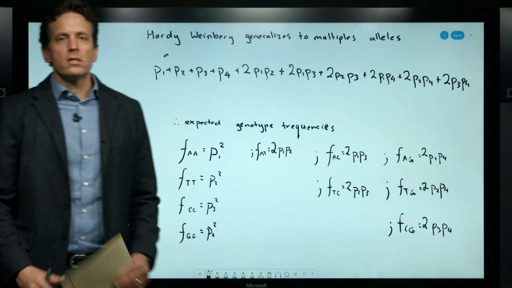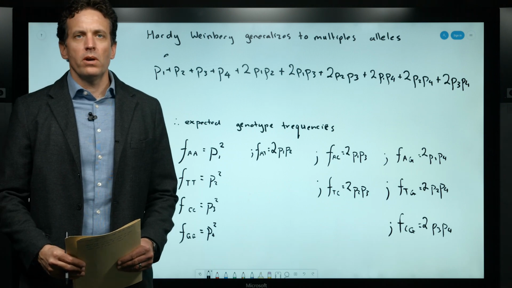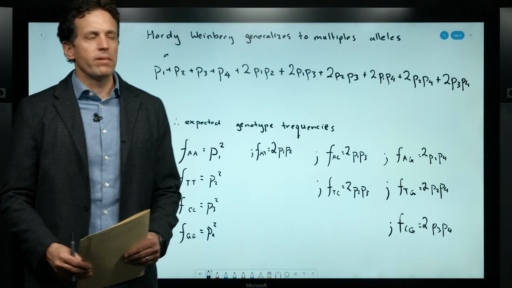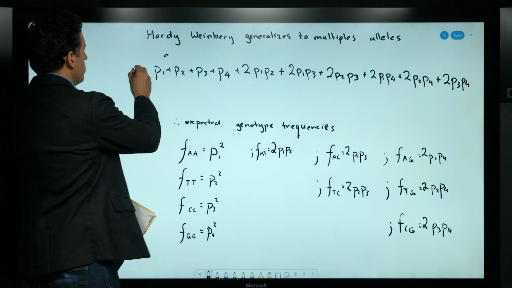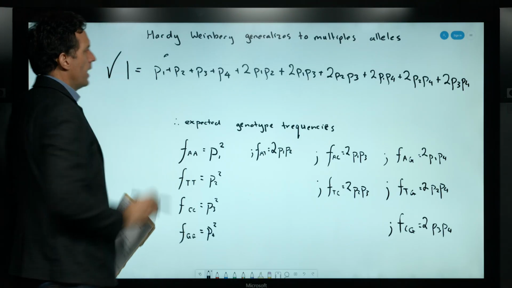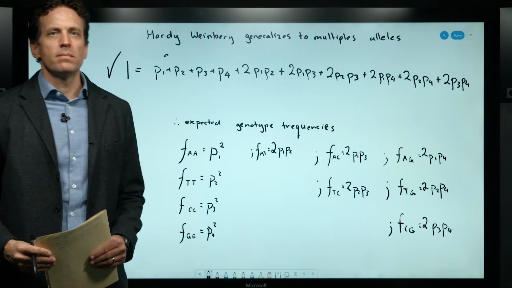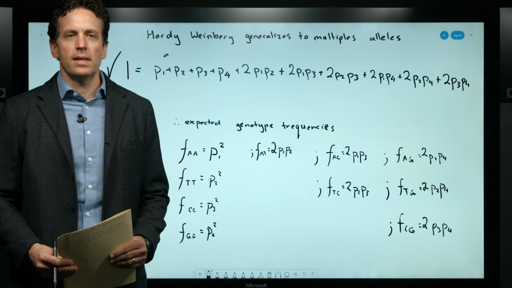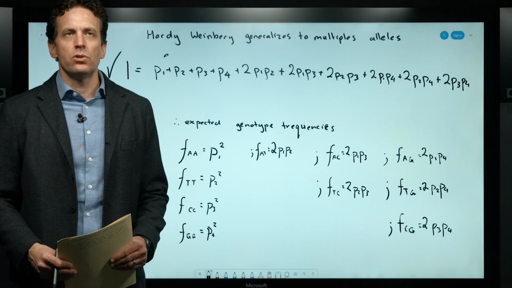These are all the possible genotypes that can occur in the population. And so if we add up the sum of all their frequencies, then that must be equal to 1. And then we know that we've done everything correctly. And so that's how Hardy-Weinberg's law generalizes to a multi-allelic locus where we have more than 2 alleles.